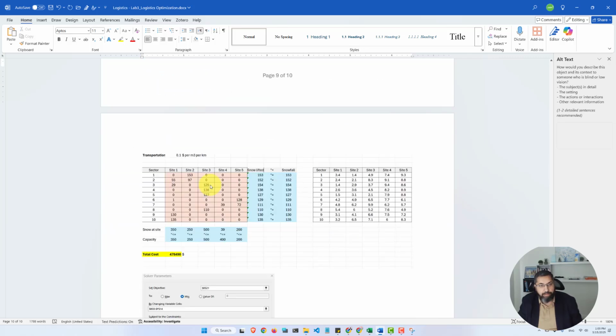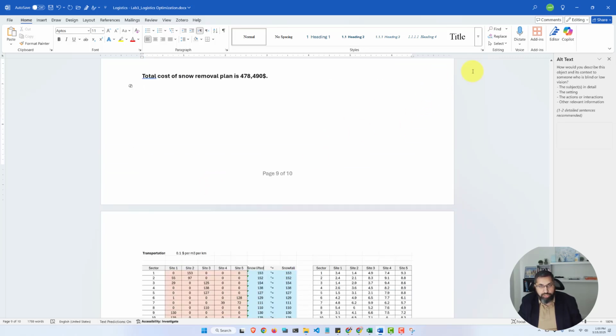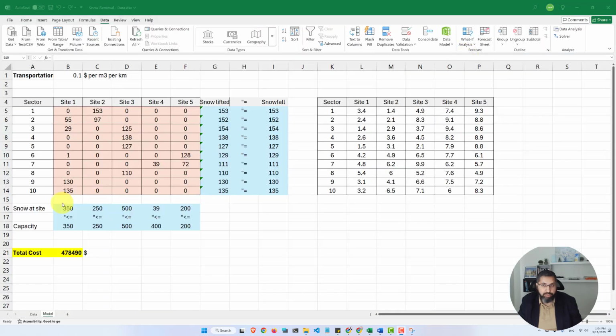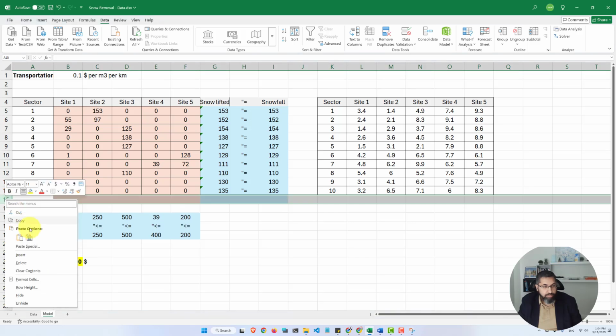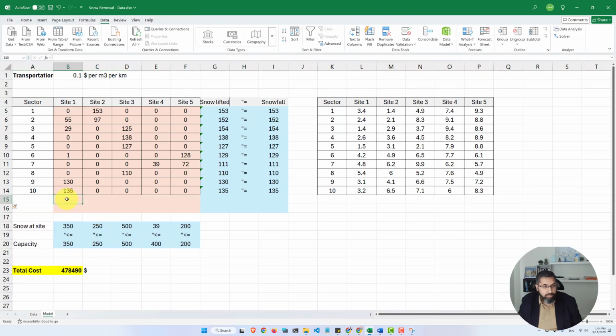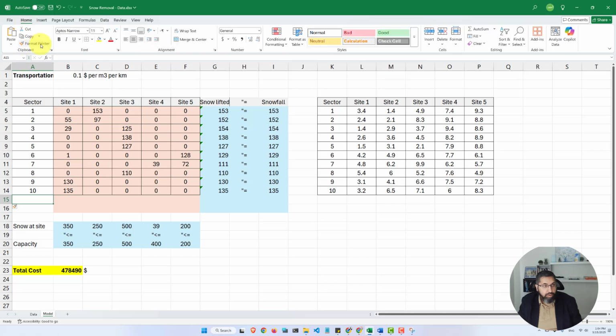Okay, now let's do the second question, which is if we add 100,000 cubic meters of capacity at a site. So we will put in a binary variable. That'll be additional capacity, and 100,000 cubic meters is just going to be 100,000.